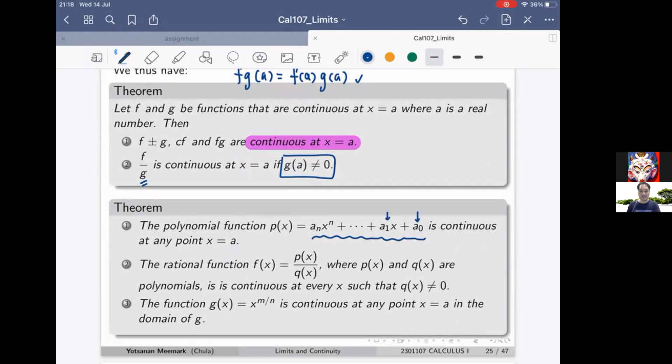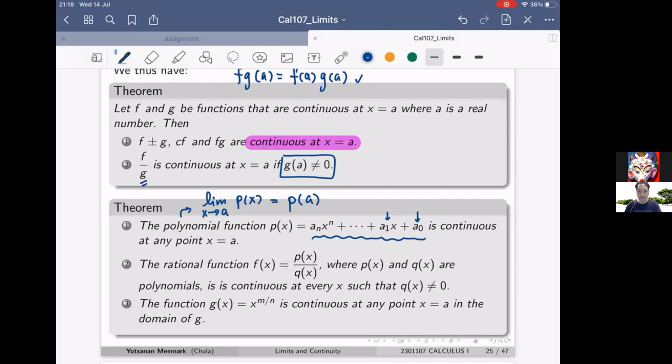This one is continuous at any point x equals a. So what does this mean? This means that if you want to find the limit of a polynomial, it is the same as just evaluating the function value at that particular point. So it is pretty much the same as plugging in.